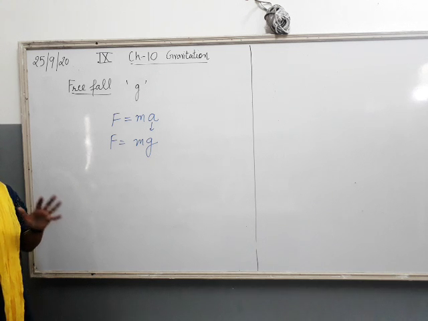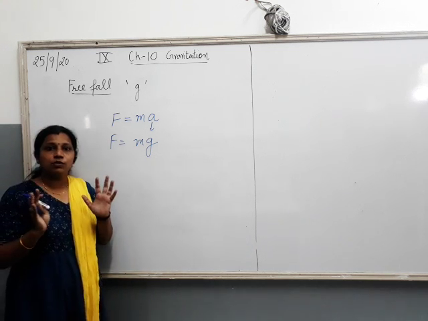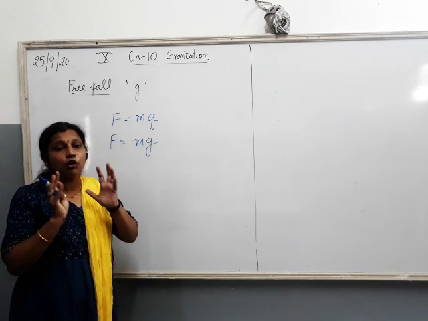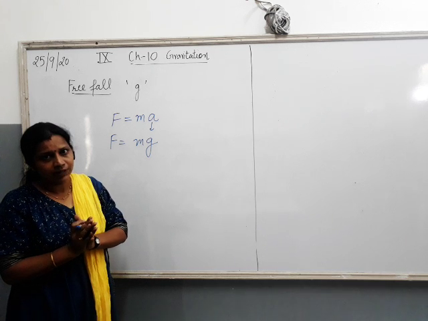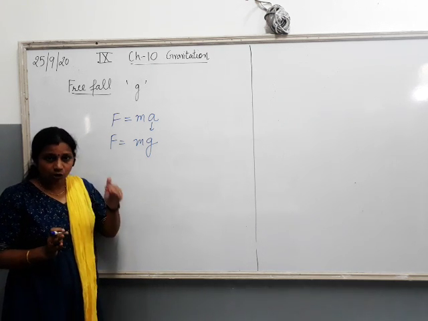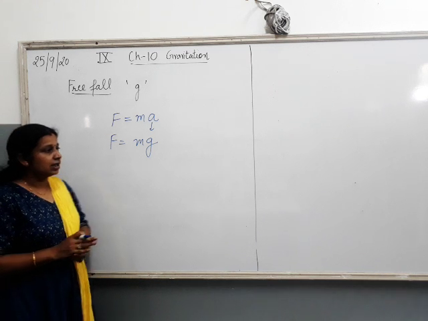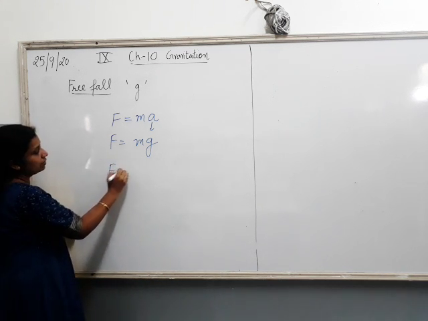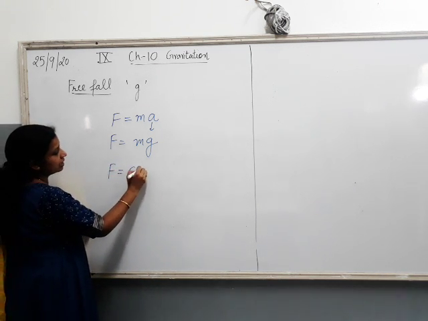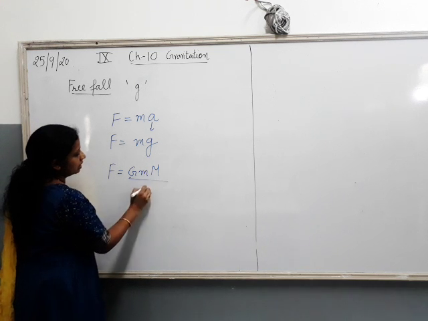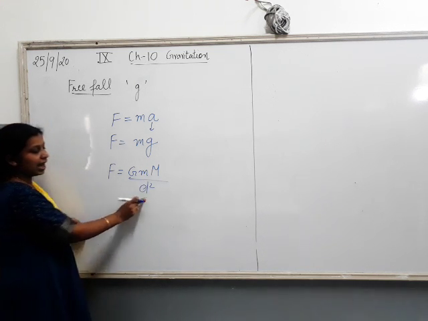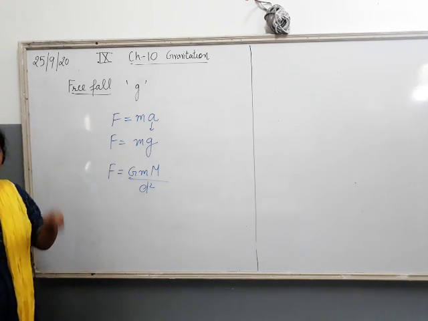Now you know any two objects have gravitational force, a force of attraction between them. So here, the object that I dropped and Earth have gravitational force. By the universal law of gravitation, this is equal to G times the product of the masses of these two objects divided by the square of the distance between the object and Earth.